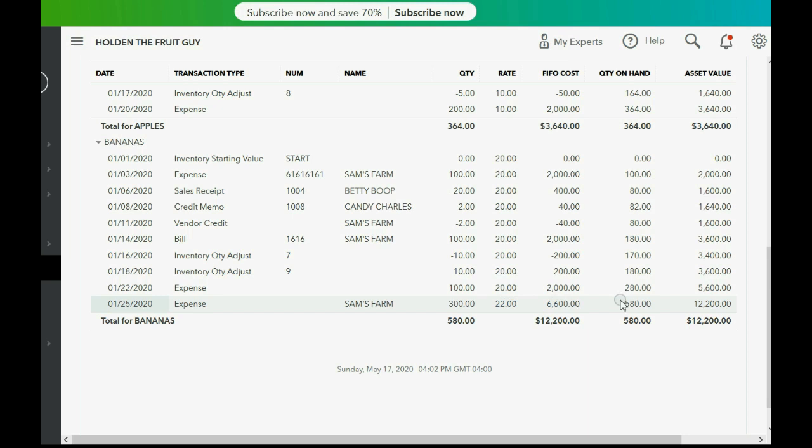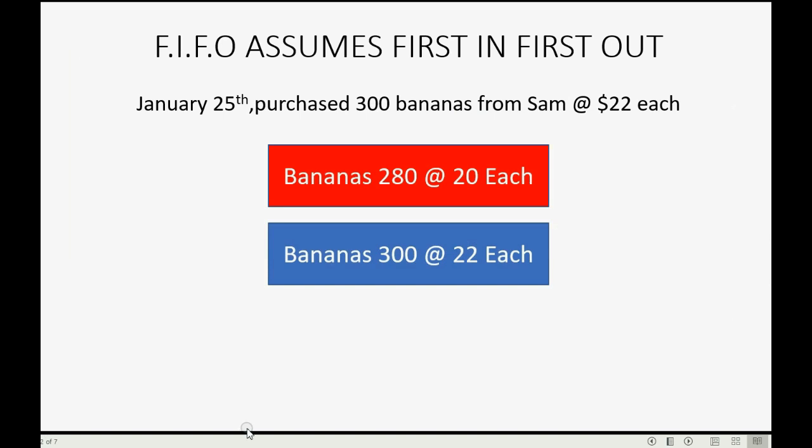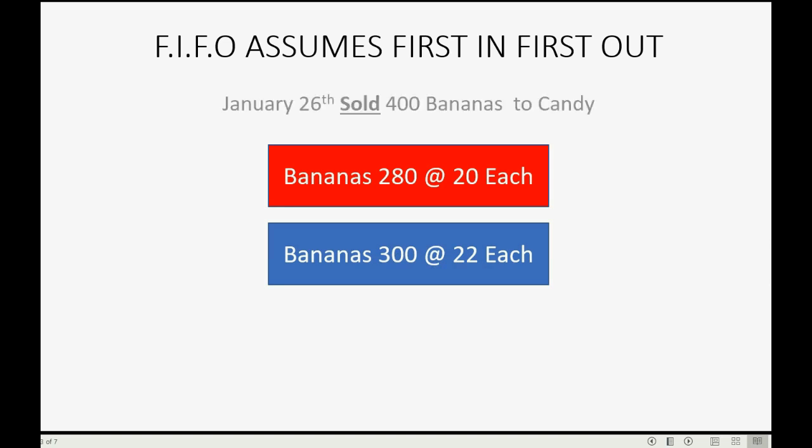Now the quantity on hand is 580 bananas, where 300 of them we paid $22, and 280 of them we paid $20. So it's not laid out as clearly as it is in my little PowerPoint. But basically we have 280 bananas that we paid $20 each, and we have another 300 bananas that we paid $22 each.